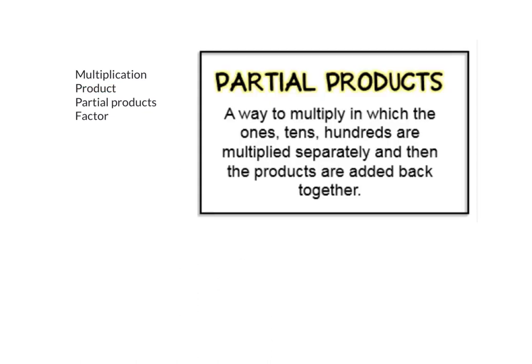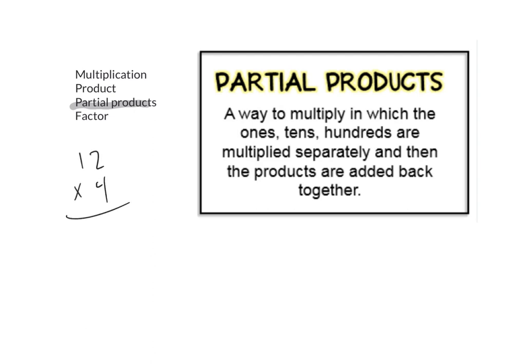Our third vocab word here is partial products. Partial products is a way of multiplying in which the ones, tens, and hundreds are multiplied separately, and then the products are added back together. An example would be 12 times 4.